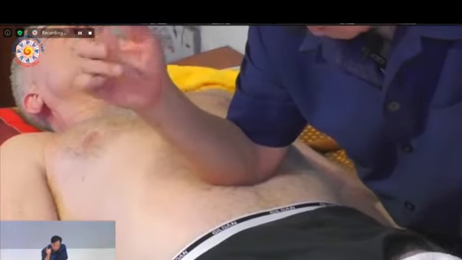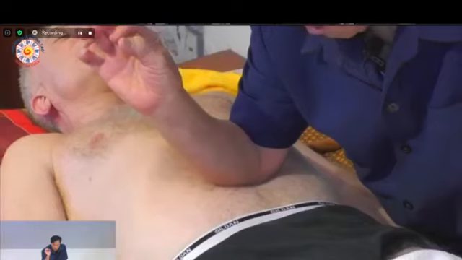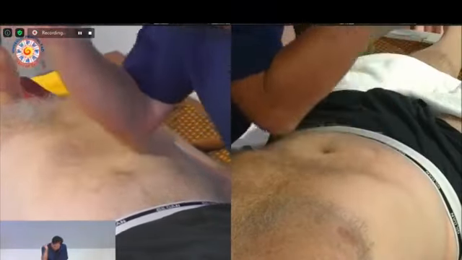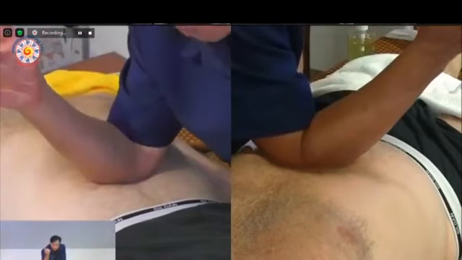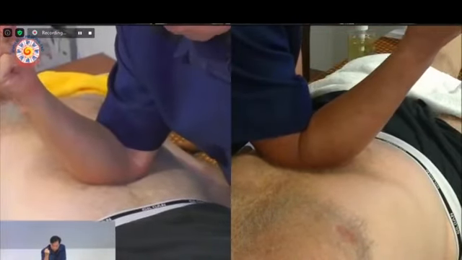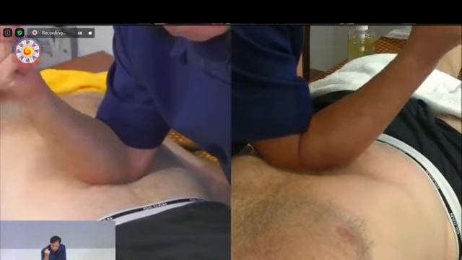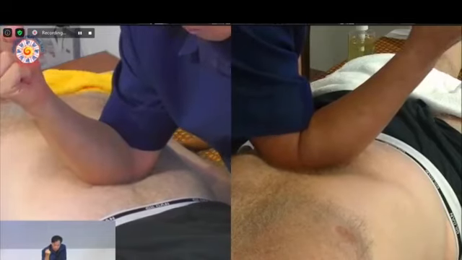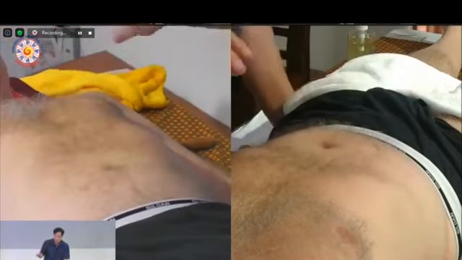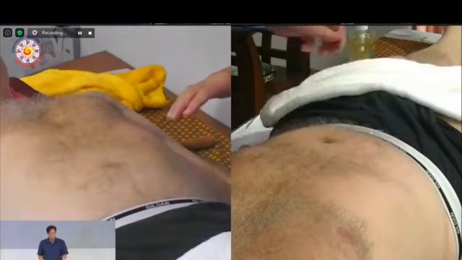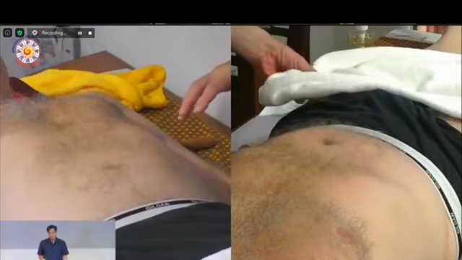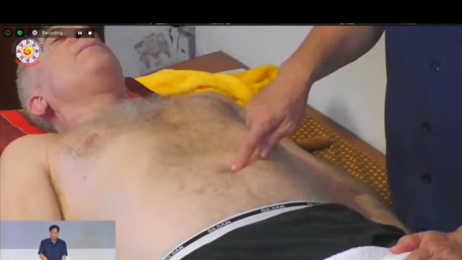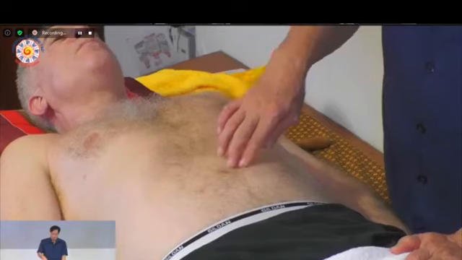So I work on the 35 on the top, on the left side, top of the navel. Again, the technique of using the elbow is you have to feel your navel and feel how tight they are.